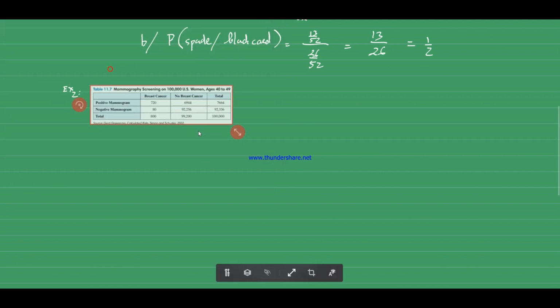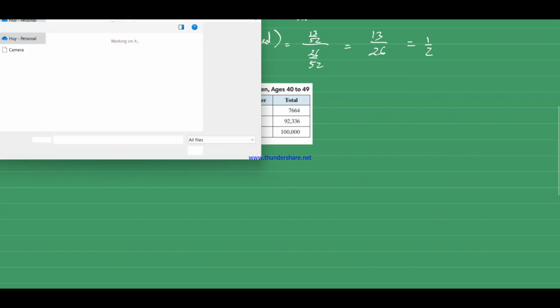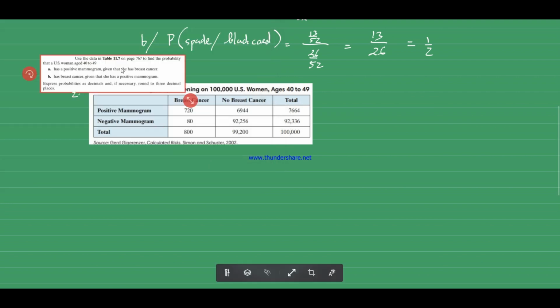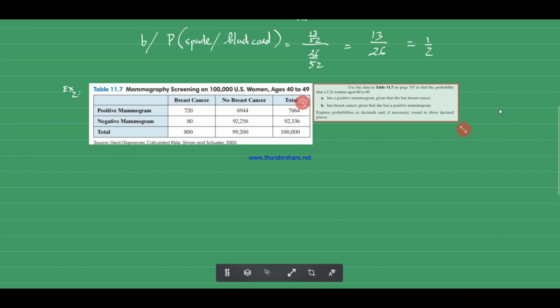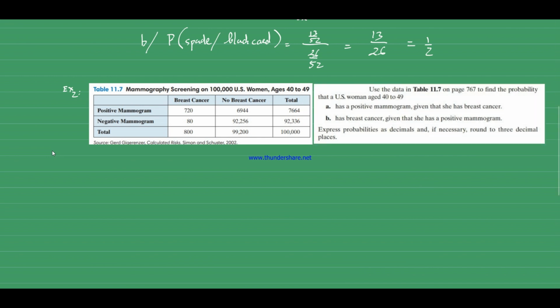Okay, so in the second example, I have a table like this, and I have the question like that. Let's see how we do this.